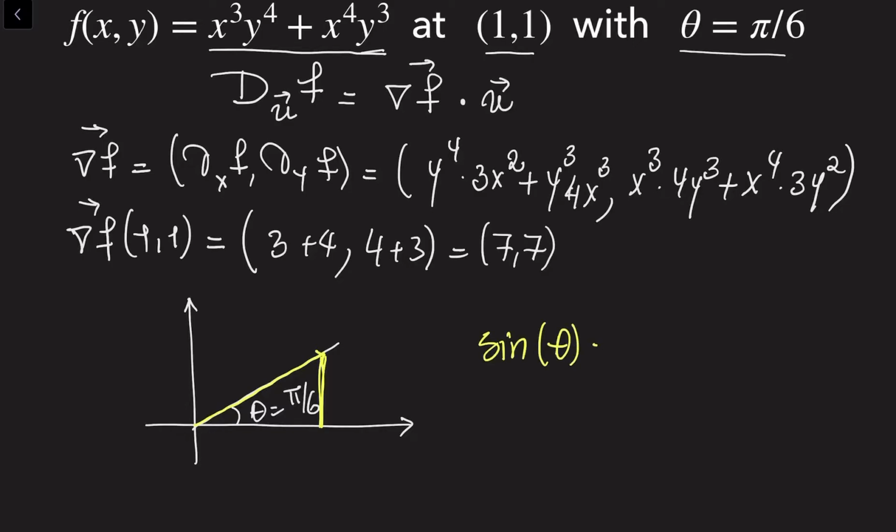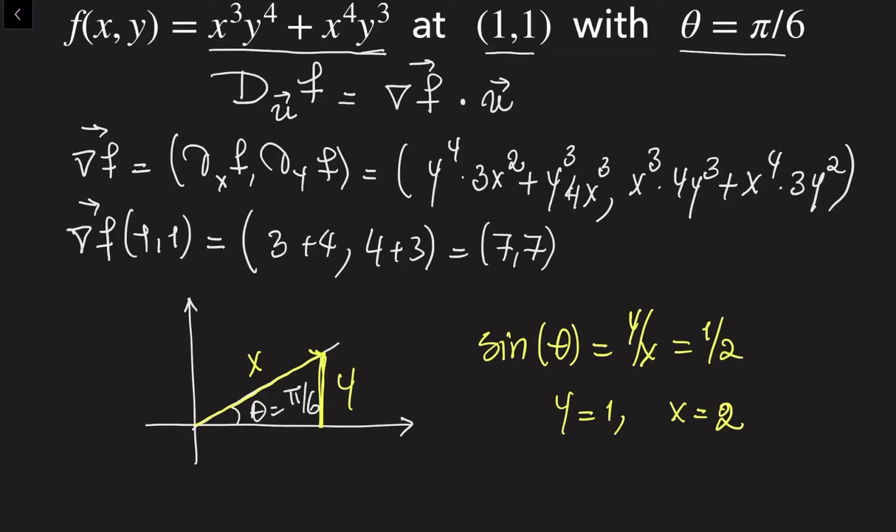So sine of this angle is going to be y divided by the hypotenuse. Okay, so I know that this is equal to 1 over 2, right? Since theta is equal to pi over 6, sine of pi over 6 is 1 over 2. So I can take y to be equal to 1 and the hypotenuse to be equal to 2 simply.